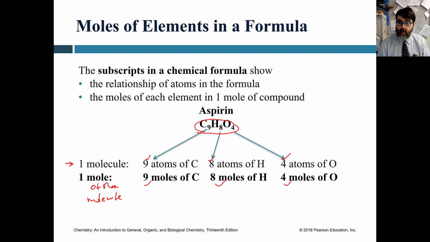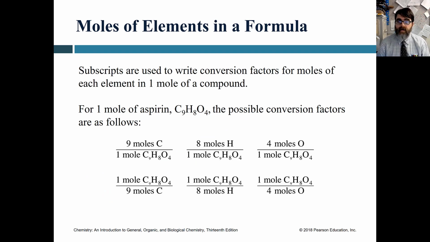And so now we have more ratios that we can use here. More equalities means more ratios. Unlike in the past where we had, say, 1 inch is equal to 2.54 centimeters, just that one equality that became the pair of ratios with the numerator and denominator flipped, now every chemical formula gives us that many more conversion factors, depending on how many elements are in there.